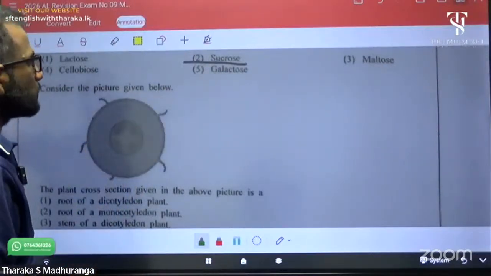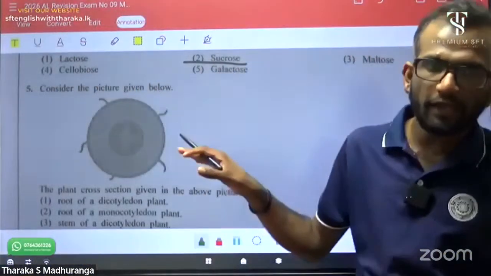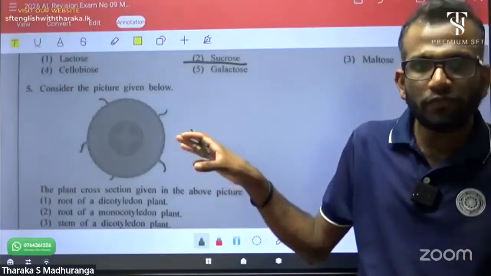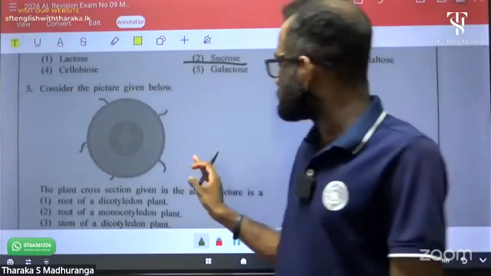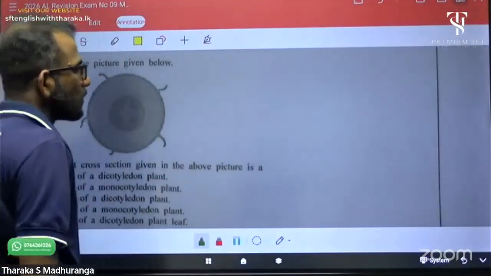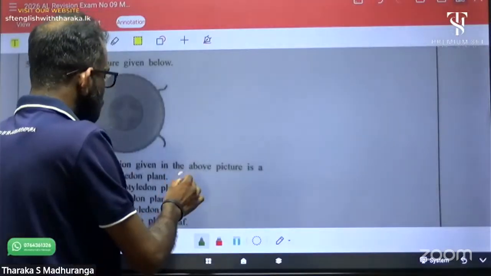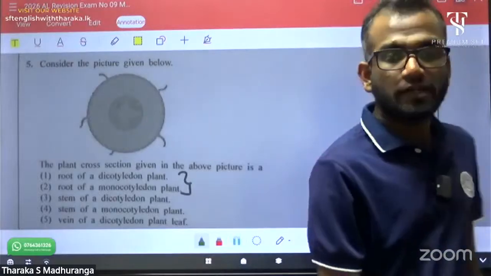Consider the picture given below. As you can see, you can decide it is a root. It's a structure of a root. Then, root of a dicotyledon plant and root of a monocotyledon plant. Okay, what is the difference?